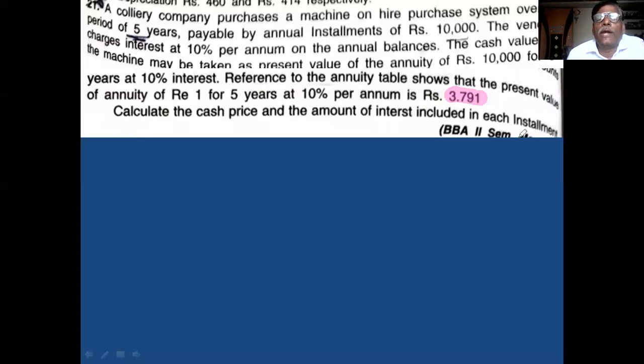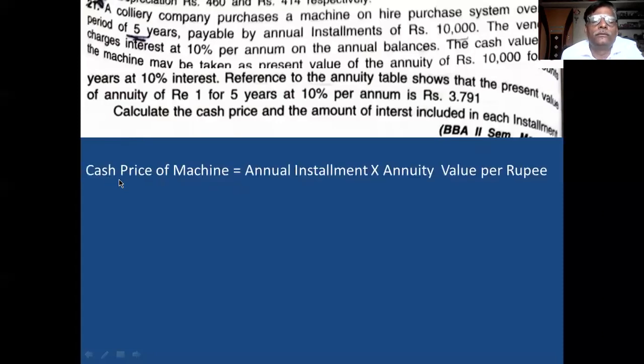Remember this. If NET rate is given in the problem, then you calculate NET value with the help of the equation. That equation is cash price of machine is equal to annual installment into NET value per rupee.